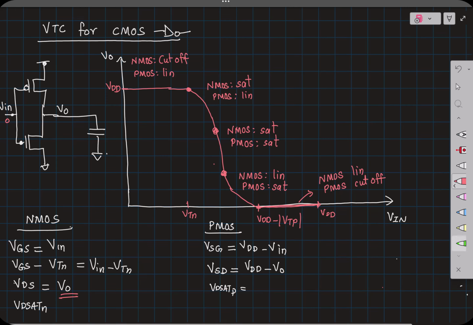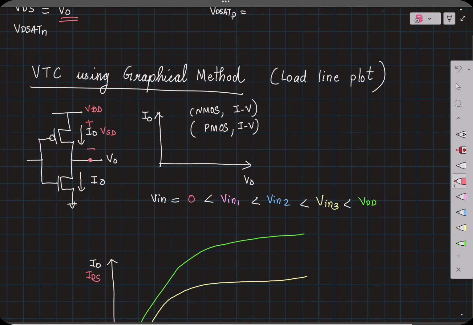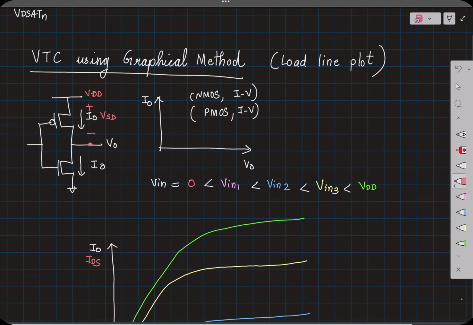When your Vin is equal to 0, what is VSG? VSG is maximum, right? And VSG is clearly greater than mod VTP. So when Vin is equal to 0, you expect to see the maximum current. And when Vin is equal to VDD, you expect to see 0 current, right?